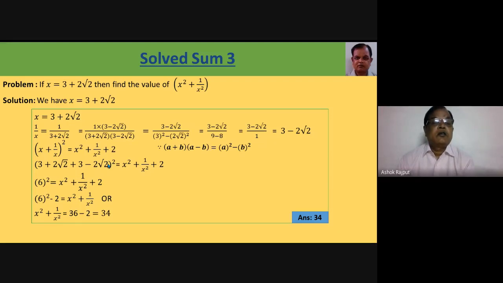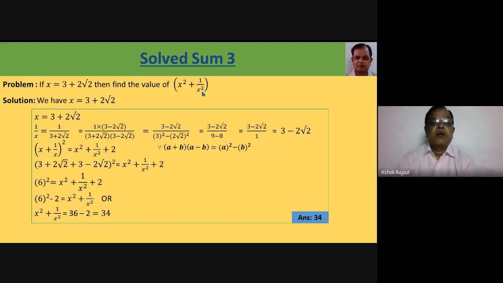Applying this method, we can find the value of x square plus 1 upon x square. If in any question it is written find the value of x square minus 1 upon x square, so you can change, but it will be always positive.